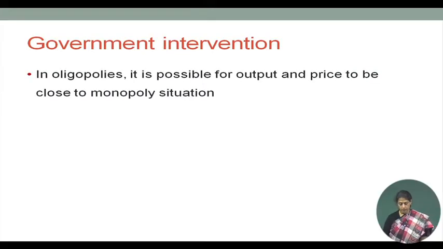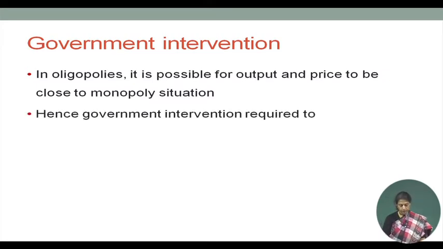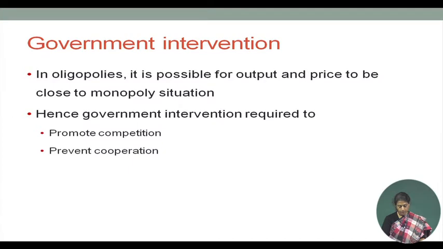So, in oligopolies, it is possible for output and price to be close to the monopoly situation. Hence, government intervention is required to promote competition and to prevent cooperation. When we say promote competition, we mean that an oligopolistic market is defined with high entry barriers, and the firms behave this way because there are few firms in the industry and each firm can keep track of the other firms, which complicates their decision making.